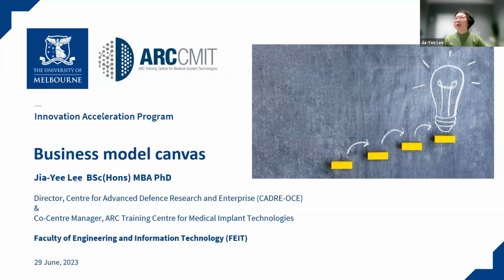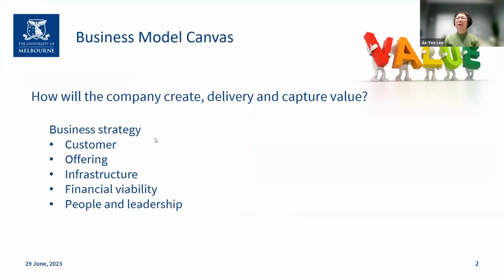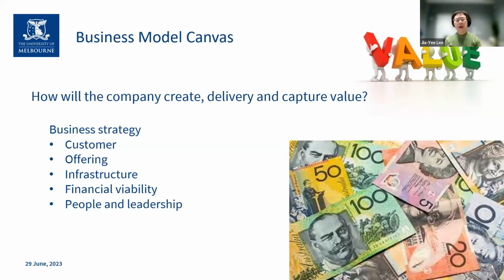And so the business model canvas is really a tool that came out of a guidebook, which I will show you in the next slide. But it is really focused on the concept of value. So when you're starting a new business, you're very, very excited that you've developed a new technology, and you go, well, I'm going to spin out a company, whether you're based at a university or whether you're someone who has just thought of an idea and then validate it with a few friends and go, I'm going to incorporate a business and a startup.